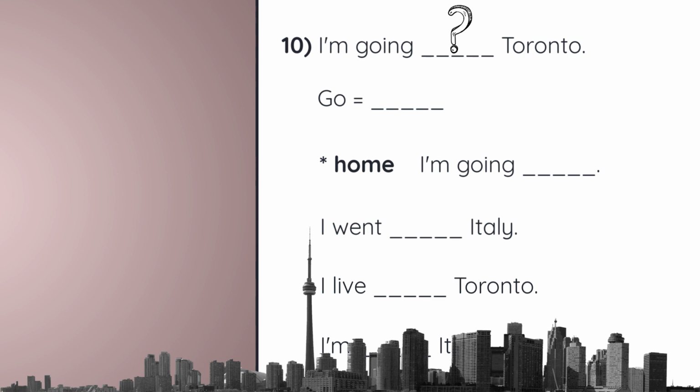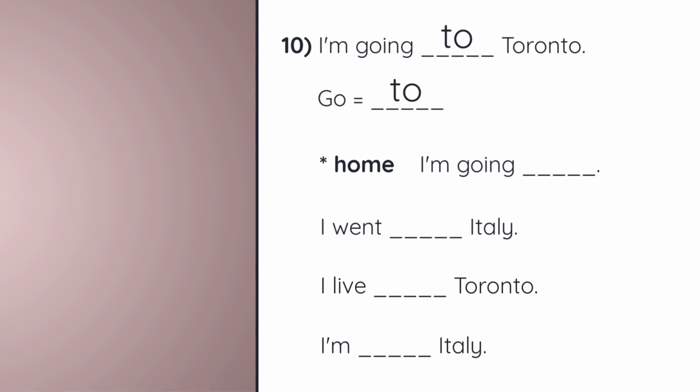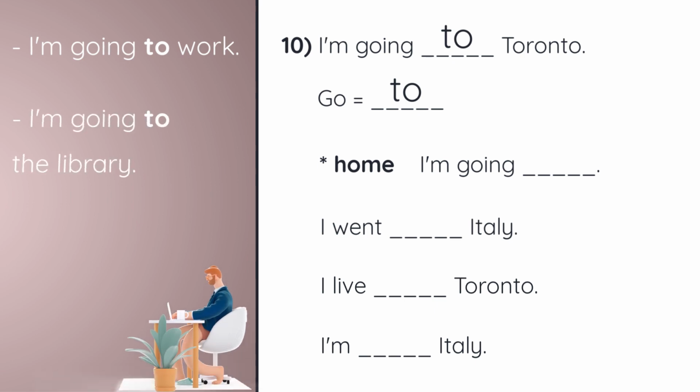I should use the preposition to. I'm going to Toronto. So after go, we have the preposition to. And it's not just cities or countries. We can also use this with other places as well. I'm going to work. I'm going to the library. I'm going to the shopping mall.